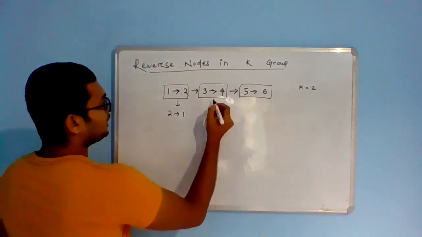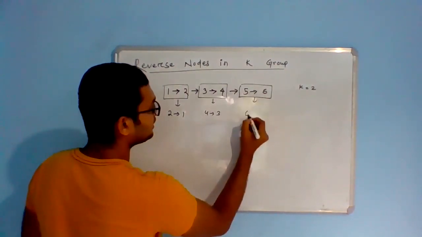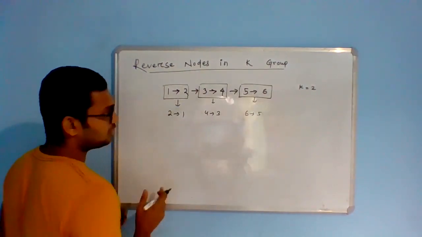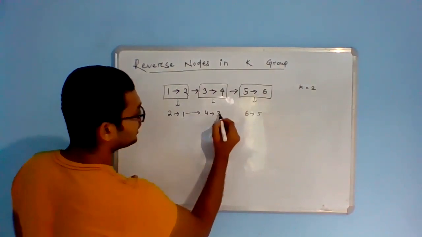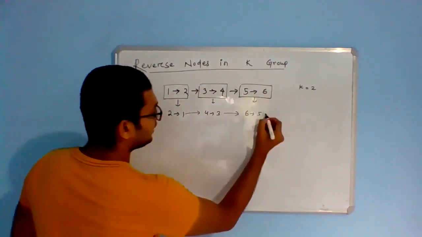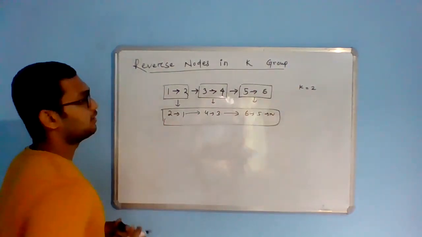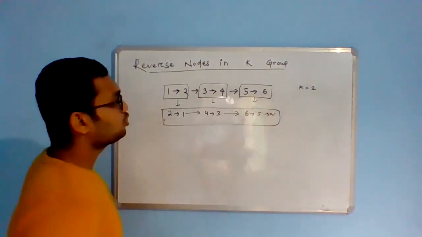The next will be 4 then 3, and then 6 then 5. Now if we merge all these sublists together, the next of 1 should be 4, the next of 3 should be 6, and it should be null at the end. So this would be the answer. I hope it is clear for k equal to 2.